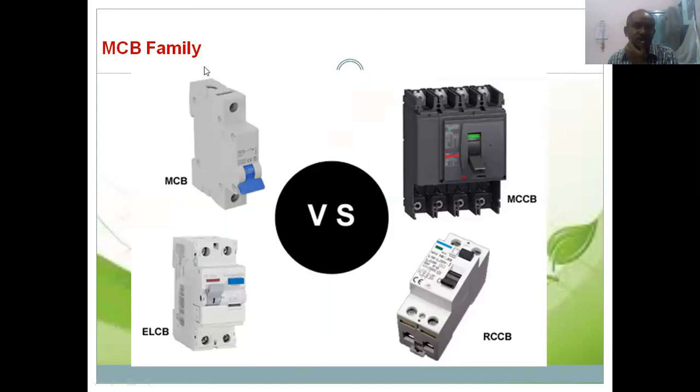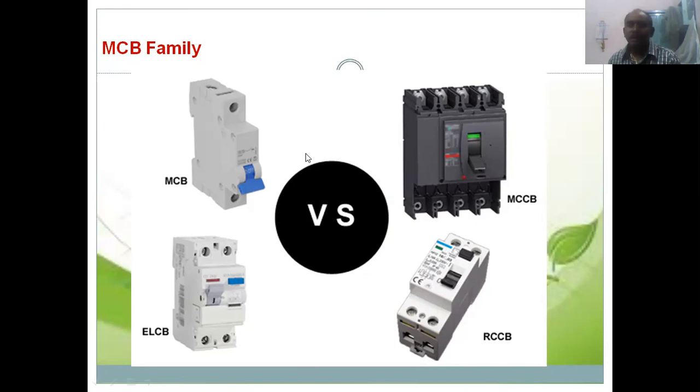The modification, the special types of MCBs also play a vital role in our electrical field. Now this is the main MCB. Normally we are using the miniature circuit breaker. Here is an ELCB, earth leakage circuit breaker. If any earth leakage current takes place, automatically it detects. And this is the molded case circuit breaker.